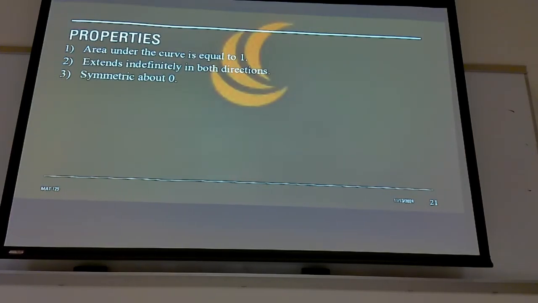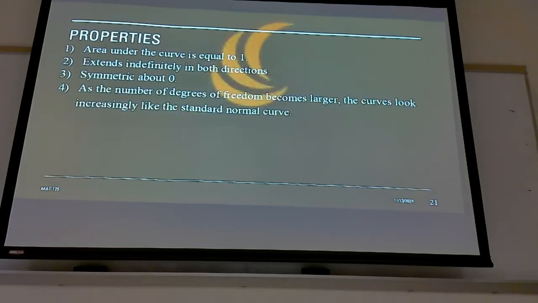As the number of degrees of freedom become larger, which means as your sample size gets larger, the curve increasingly becomes normal. So if we let the sample size approach infinity, then the t distribution is the z distribution.